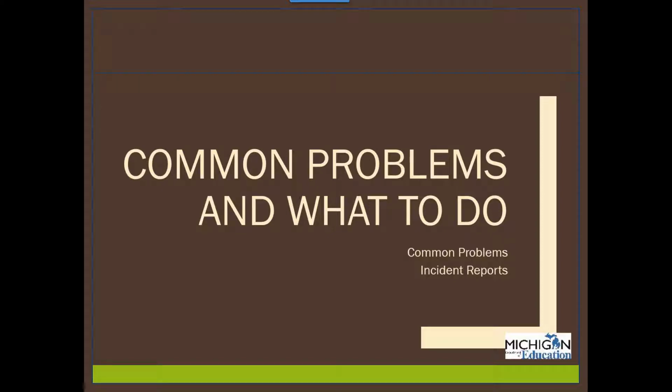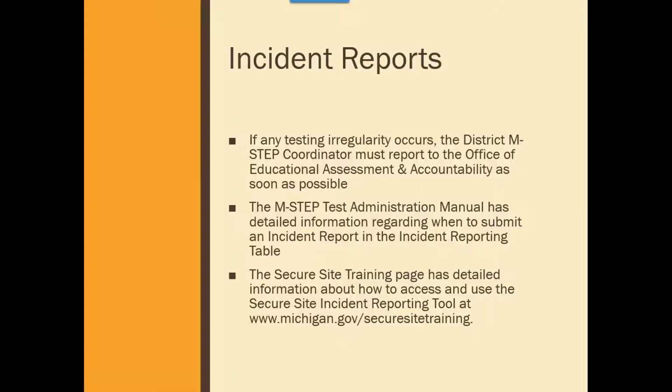Next, I will discuss what to do when any problems arise during the test administration. Any time that a testing irregularity occurs, the district MSTEP coordinator must report the irregularity to the Office of Educational Assessment and Accountability. Detailed information regarding how to address an irregularity, including many possible scenarios, and the most frequent irregularities that occur, will be provided in the MSTEP Test Administration Manual.